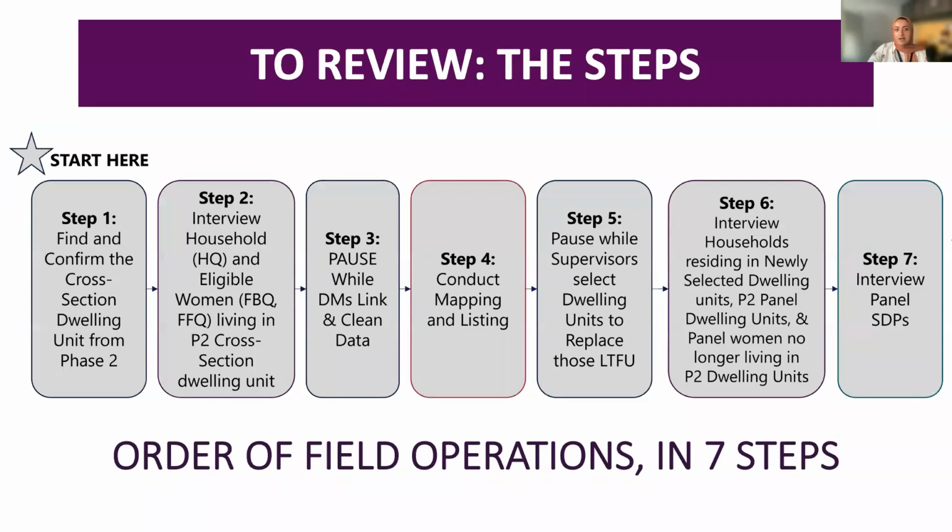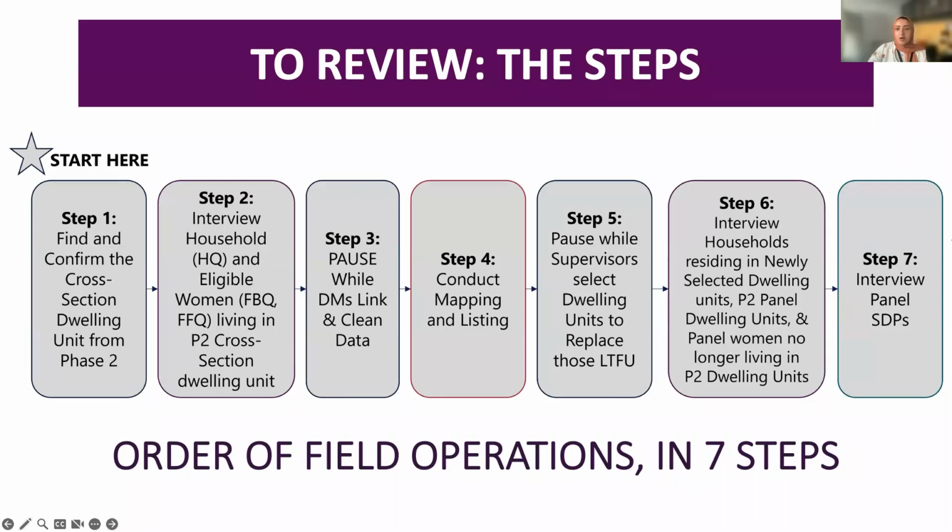And lastly, there were 7 steps of the order of field operations, going from finding and confirming the cross-section dwelling unit from phase 2 in step 1, and then in step 2, interviewing the household and eligible women living in phase 2 cross-section dwelling units.